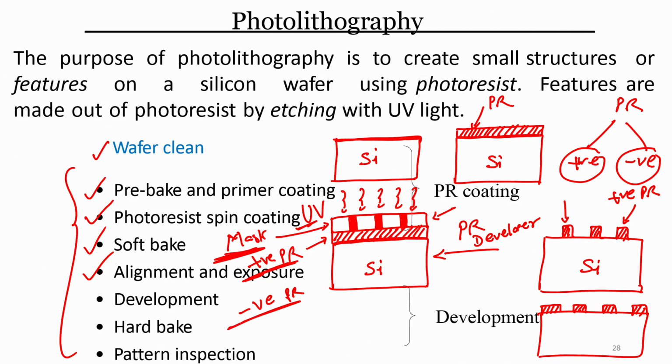If I use negative photoresist, I will get the opposite or reverse of whatever is there on the mask. If I use positive photoresist, I can have similar features to those on the mask.